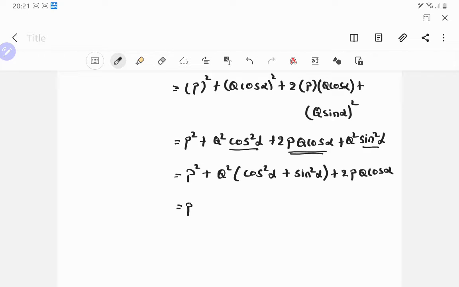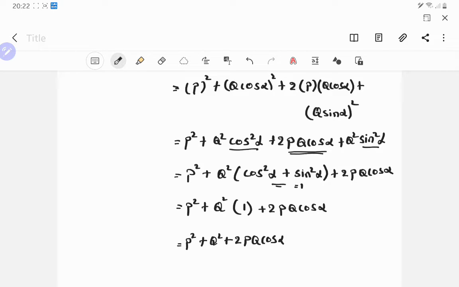Now P square plus Q square into 1, since this relation is equal to 1, plus 2PQ cos alpha is equal to P square plus Q square plus 2PQ cos alpha.